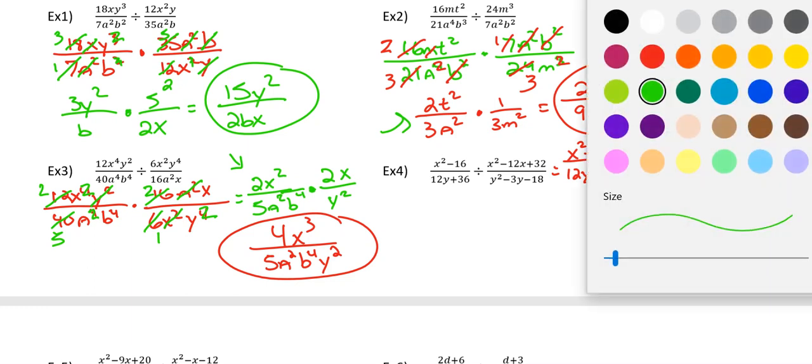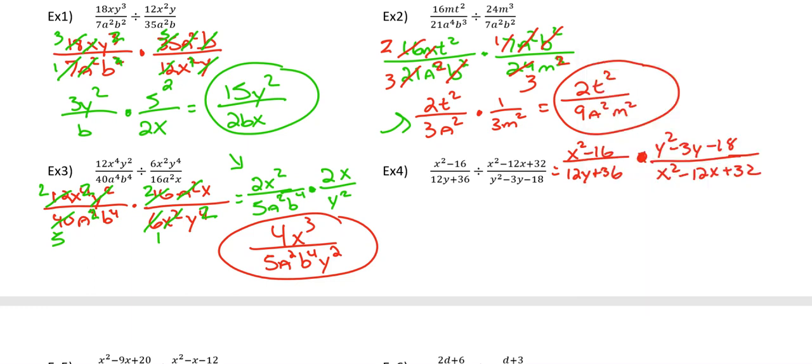So for the next example here, I'm going to factor. So I'm going to have x plus 4, x minus 4. It's a difference of squares. In the denominator up top, I can take out a 12. And then it'll be y plus 3. On top, I have y.